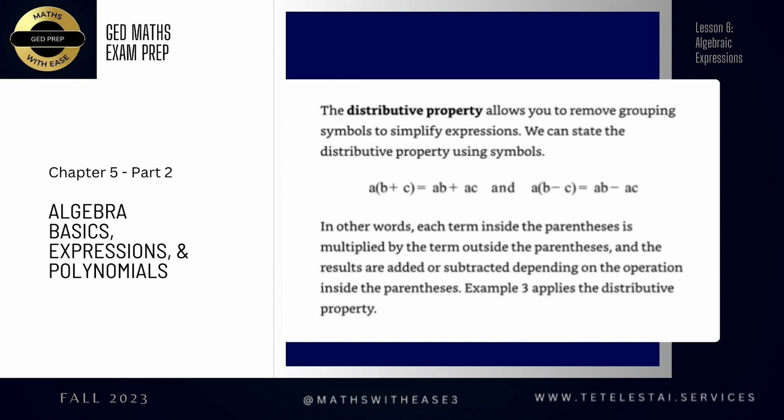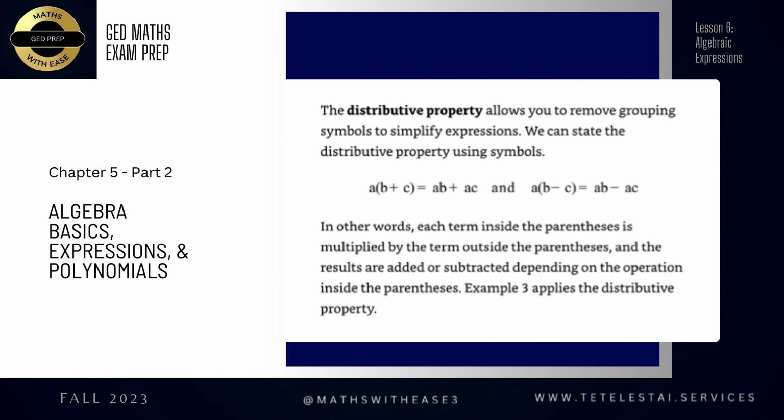So A, and then in parentheses B plus C, essentially means that we're multiplying A times B plus A times C. Okay, and that's essentially what the distributive property means or tries to convey, that whatever is written outside of the parentheses is distributed across everything in your parentheses.